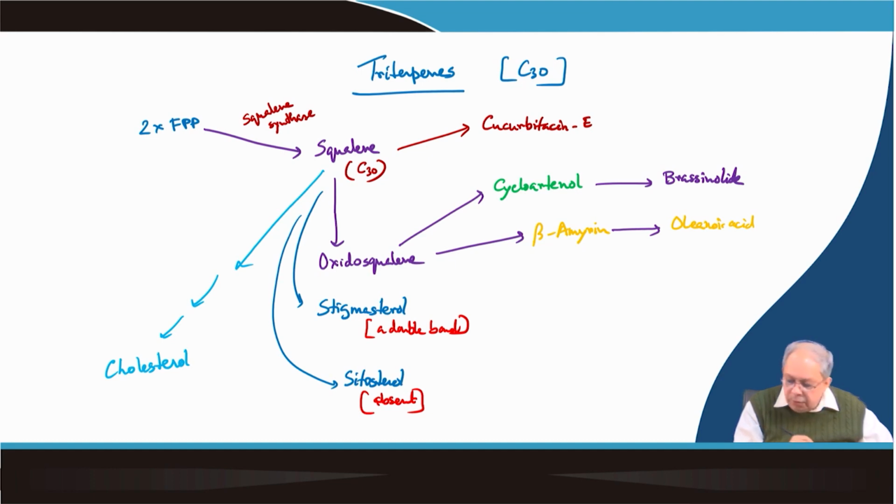And steroid molecules with an alcohol group are sterols, and one such sterol is phytoecdysone.